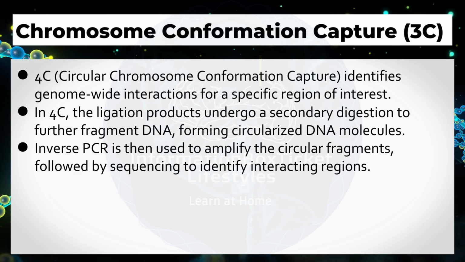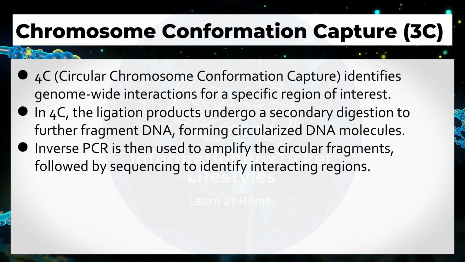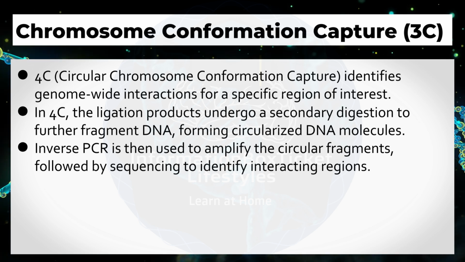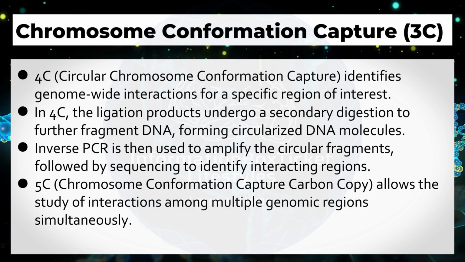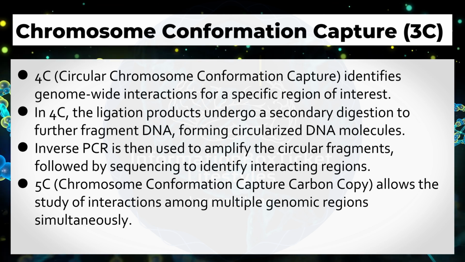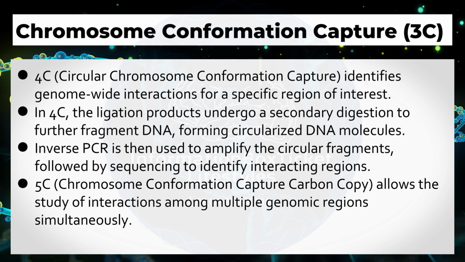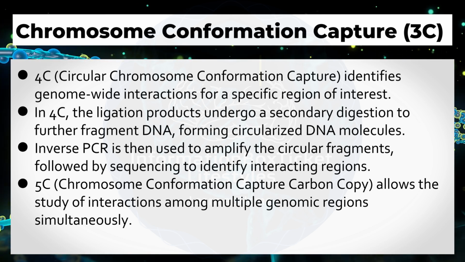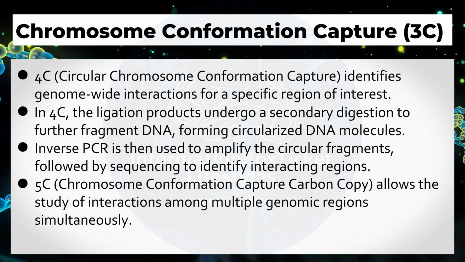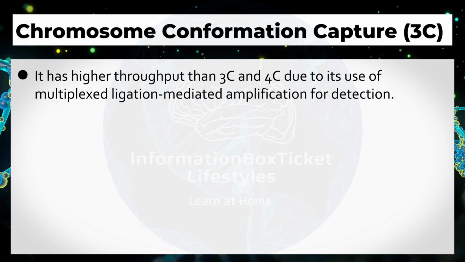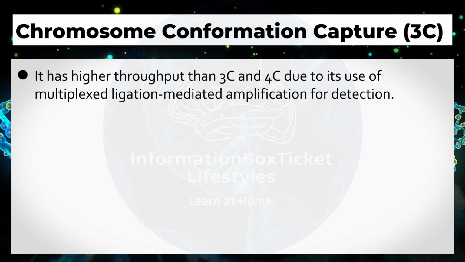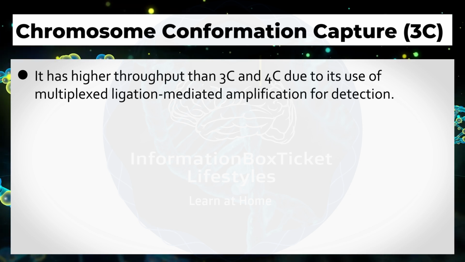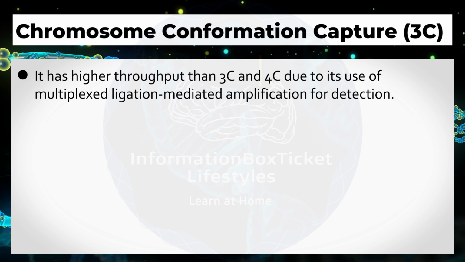Inverse PCR is then used to amplify the circular fragments, followed by sequencing to identify interacting regions. 5C, Chromosome Conformation Capture Carbon Copy, allows the study of interactions among multiple genomic regions simultaneously. It has higher throughput than 3C and 4C due to its use of multiplexed ligation-mediated amplification for detection.